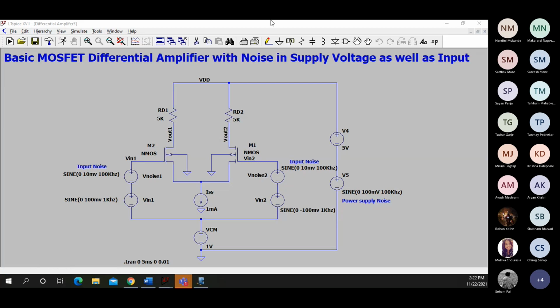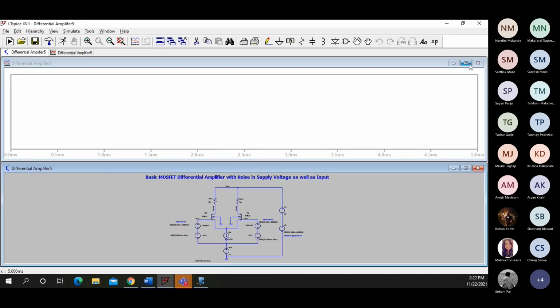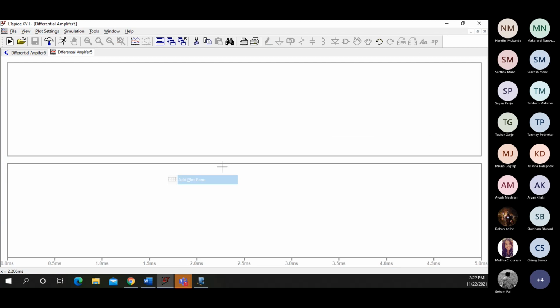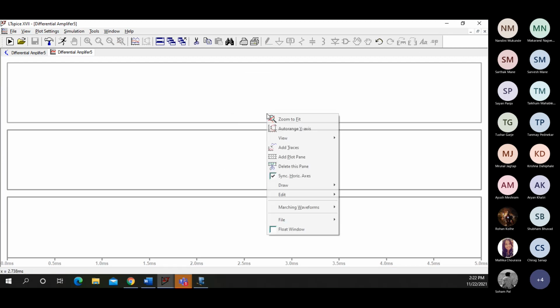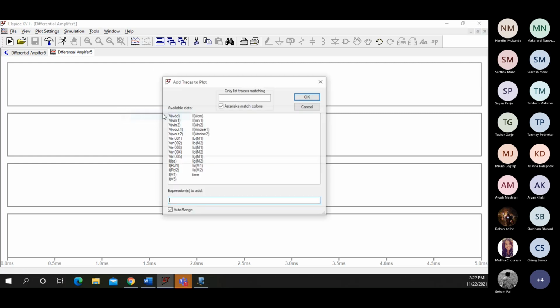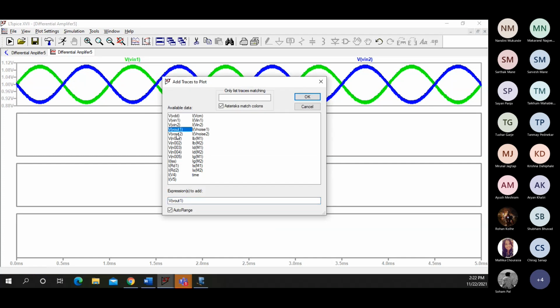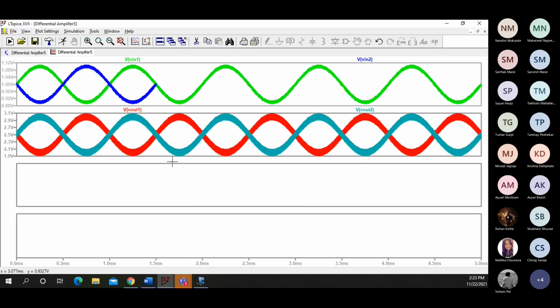So let me simulate this. So you can see now input is also noisy. Output is also noisy.